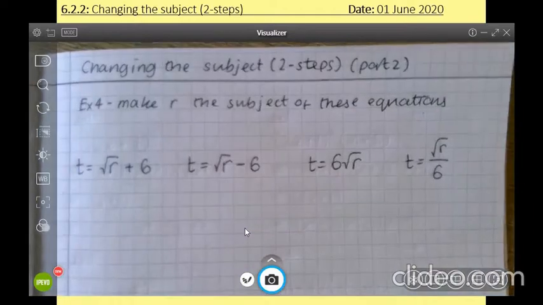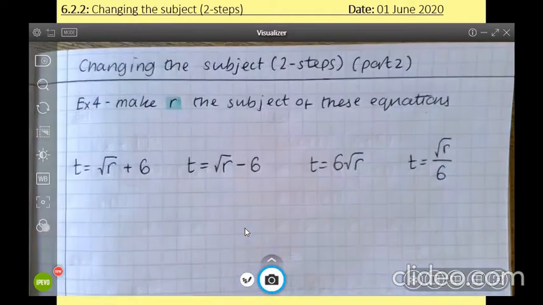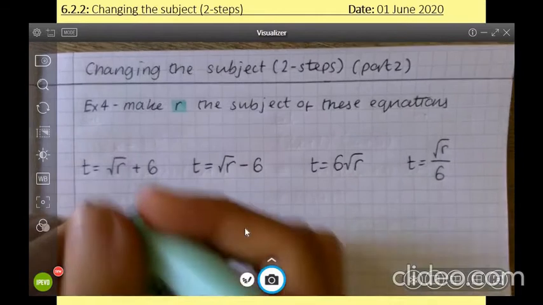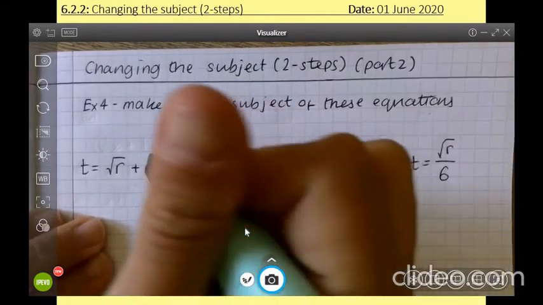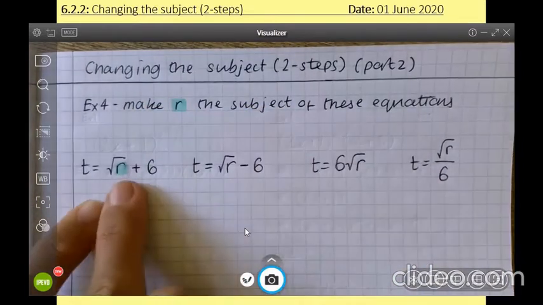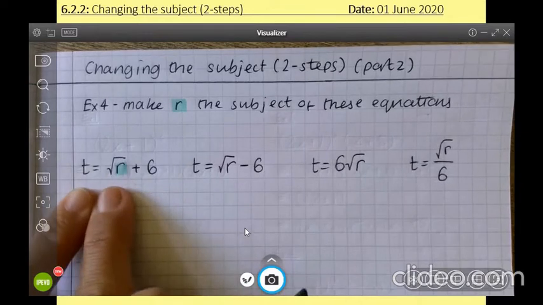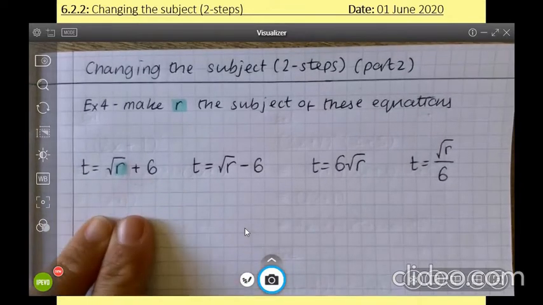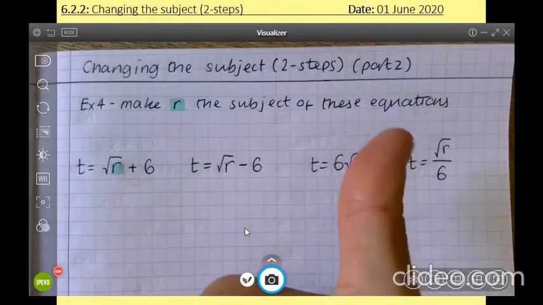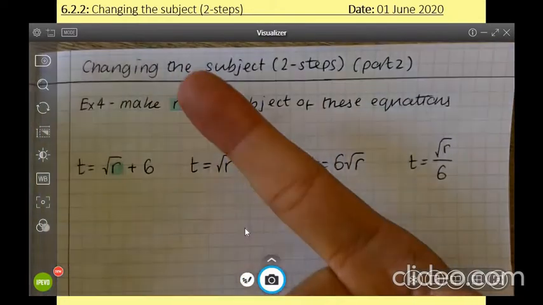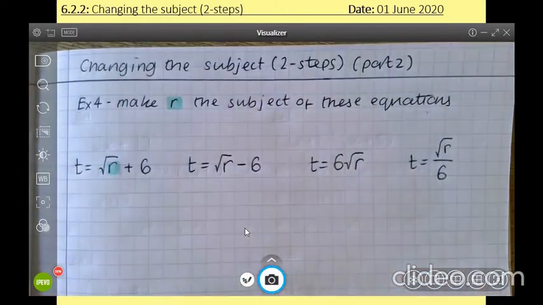We want to make r the subject in each of these different equations. If I look at the first one, r has been square rooted and then 6 is added on. So the square root happened first and then the 6 was added on, and we are going to undo that and work backwards.